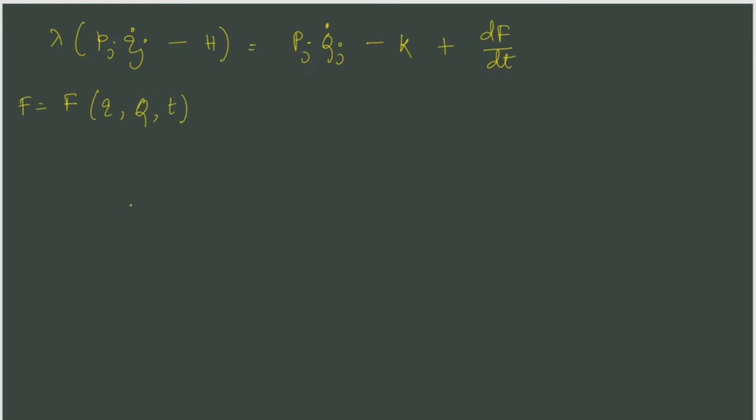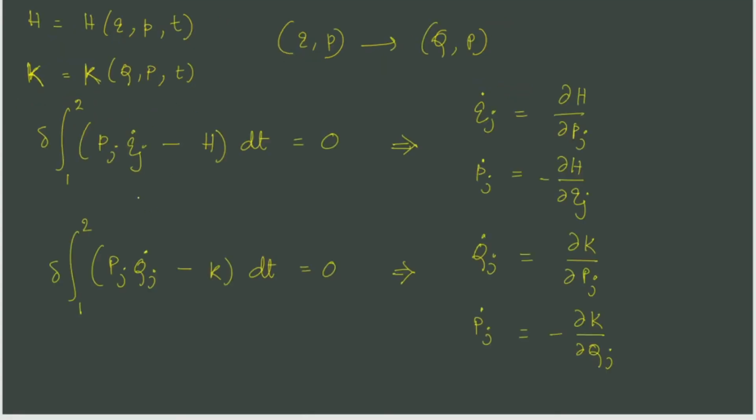Now, why is it so? Let's look at that. First, let's disregard this one. Let's focus only on the multiplicative constant. Now, one thing is clear. When both the equations vanish, you can say that the integrand is of such a nature that the variation about the true path vanishes.